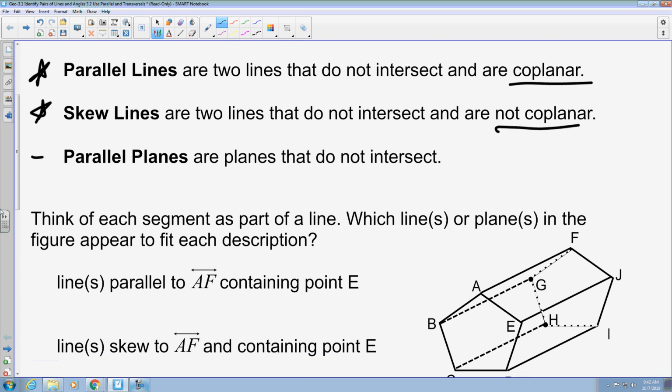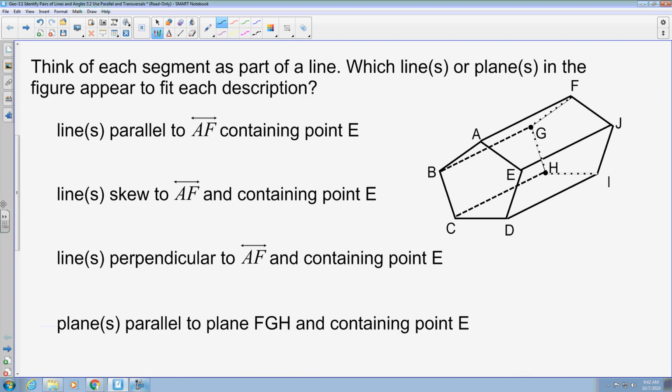So what we're going to look at here is we have a diagram, and all of the questions that we have here are with respect to line AF and also with point E. So we're going to use those points to help us out.